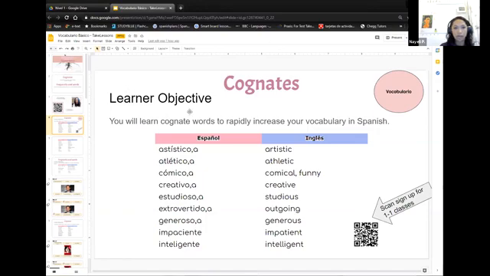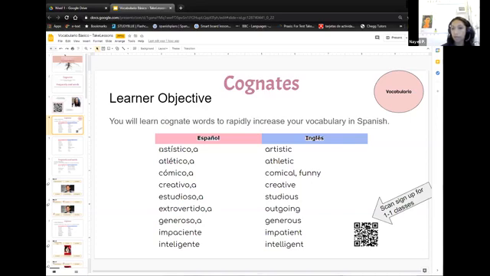It says Cognates, learner objectives, and it has a lot of words. I'm going to say them for you slowly, and since I can't hear you, I want you to also try to say them with me. You are going to hear me, I'll wait a few seconds, and then you are going to have the chance to say them with me.